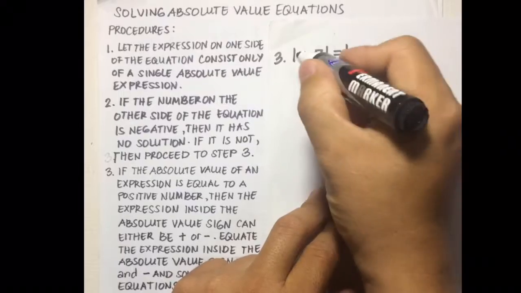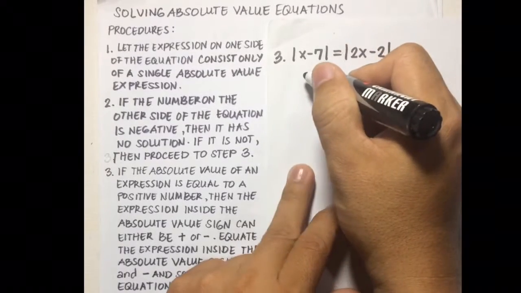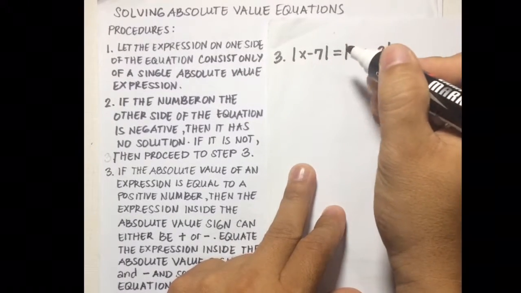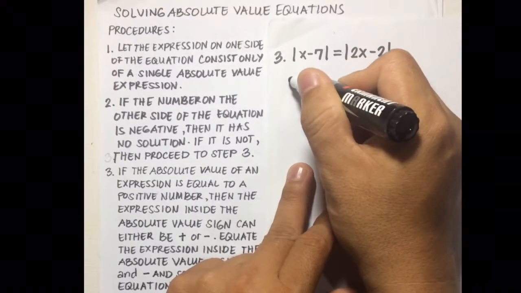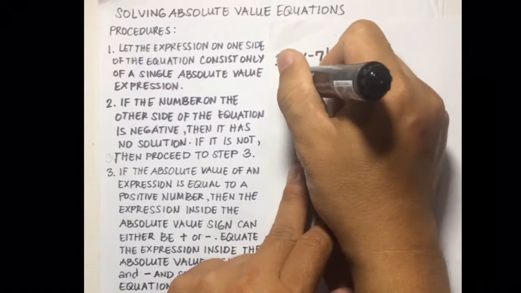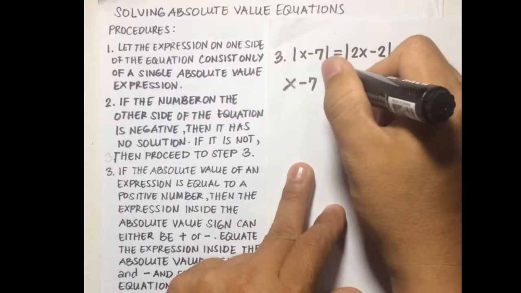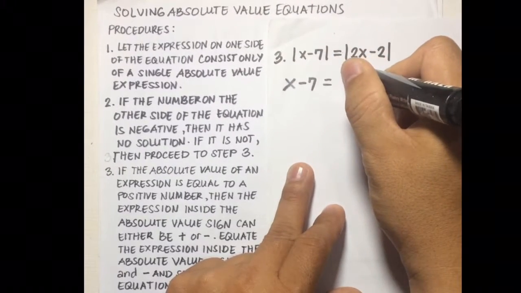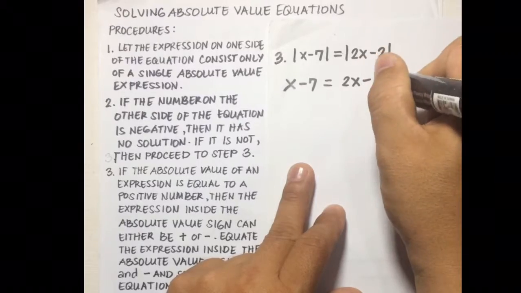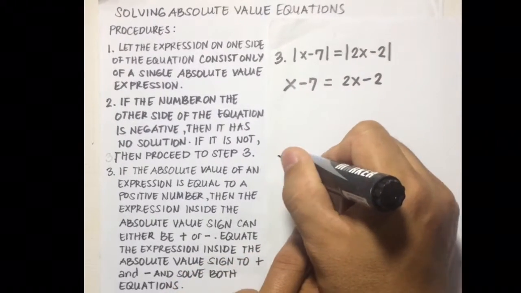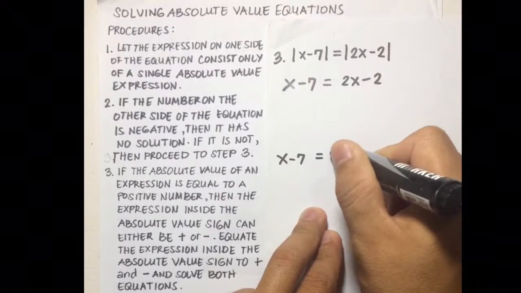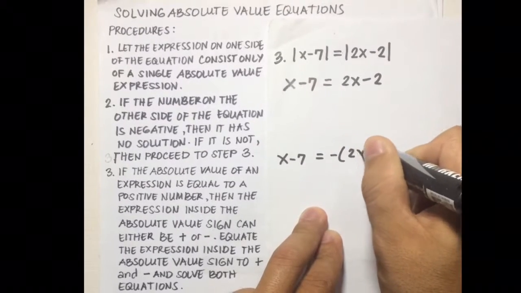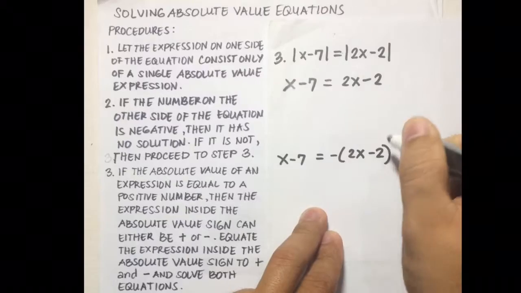Step 3, we're going to have this one as the two values, positive and negative. So we're going to have x minus 7 equals 2x minus 2, and the other one is x minus 7 equals the negative of this one, so negative of 2x minus 2.